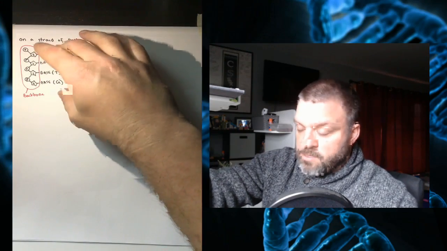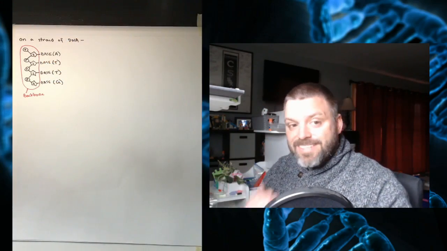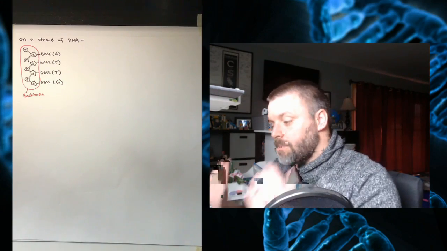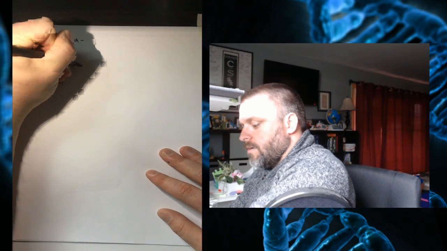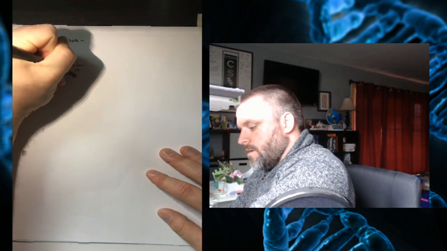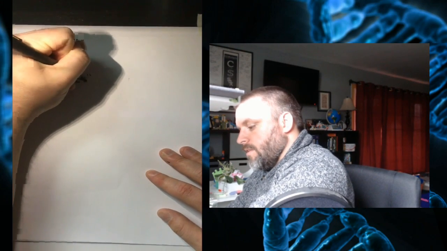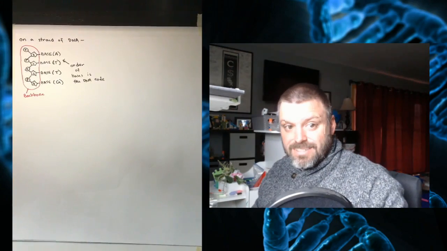Now, if you notice, this part right here is the only part that changes. This here is where the DNA code comes from. It's kind of like a word. That's the pattern. It's the order of the bases here. That is the DNA code. So the order of those bases is the DNA code.